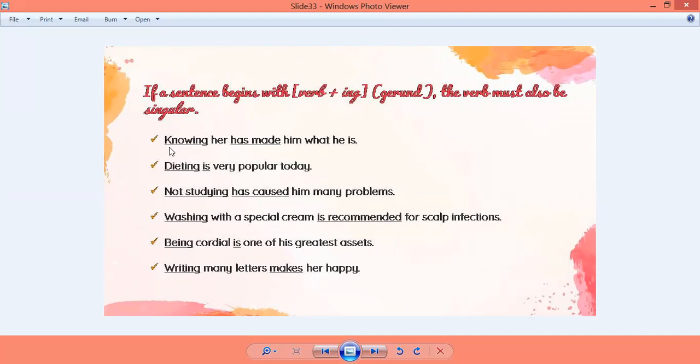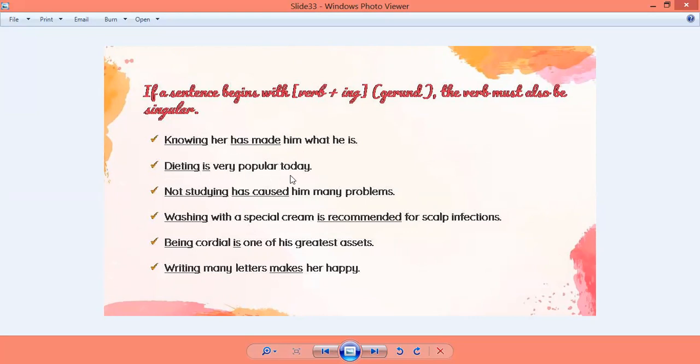Say for example, knowing her has made him what he is. यहाँ पे knowing से शुरू हुआ है. Our subject, which is gerund, is in ing form. मतलब सीधा gerund से शुरू हुआ है, इसलिए हमने यहाँ has लिखा है, have नहीं आएगा. Because this indicates that we are supposed to use a singular verb over here.